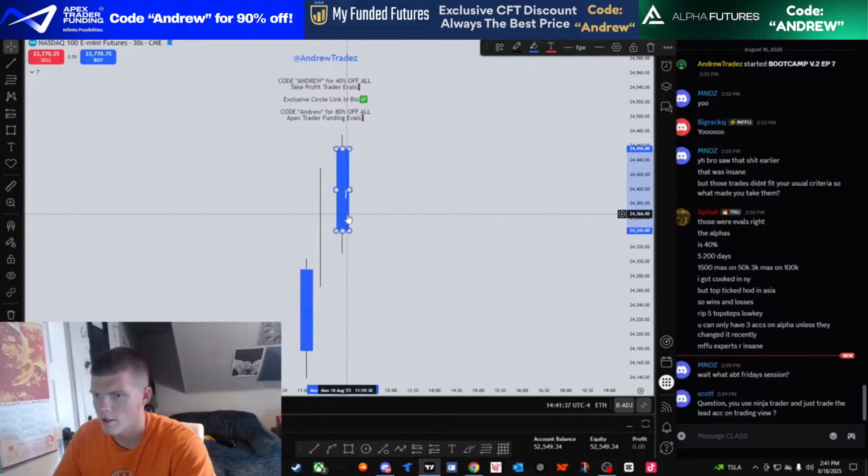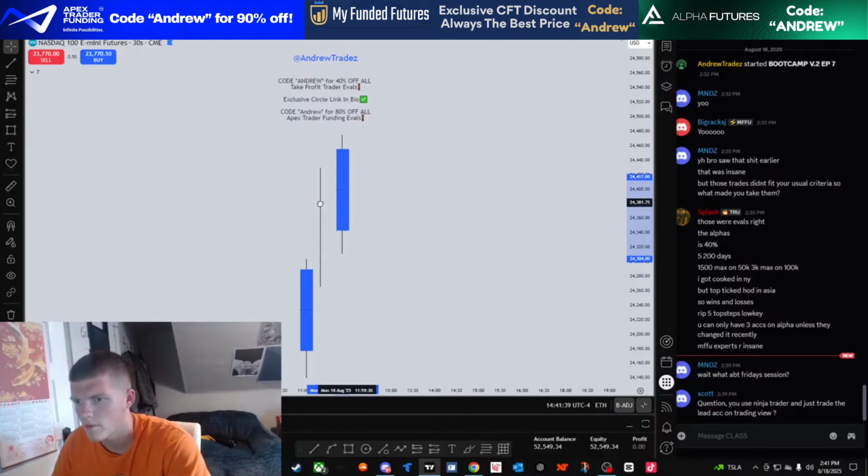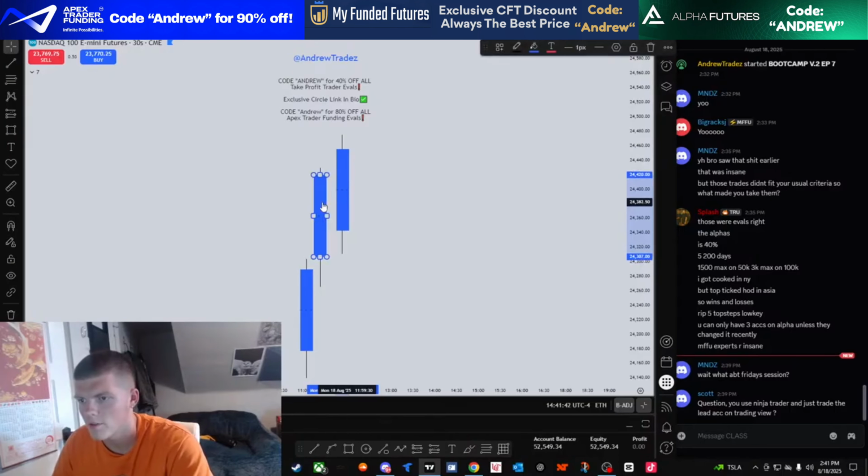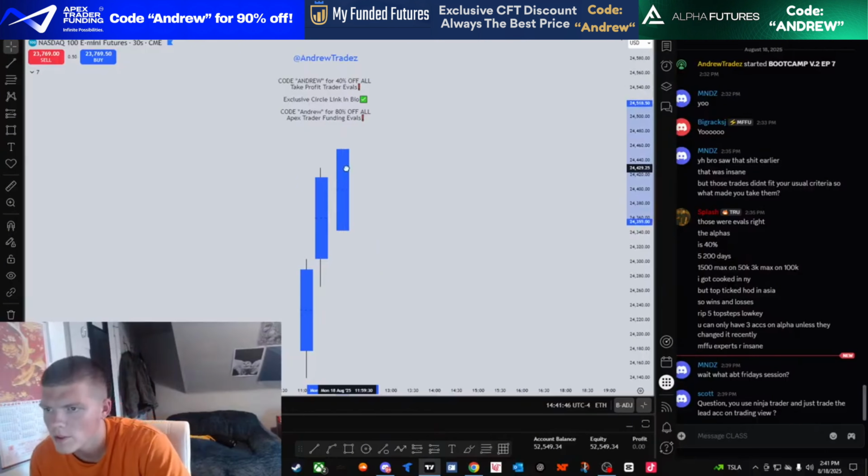I don't know what's wrong with my TradingView. Why is it doing this? Okay, well, either way, boom. We have 3 candles, right?